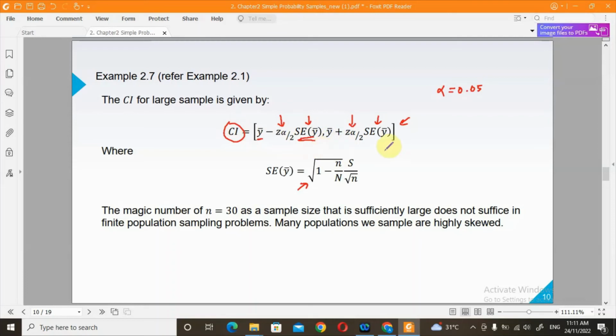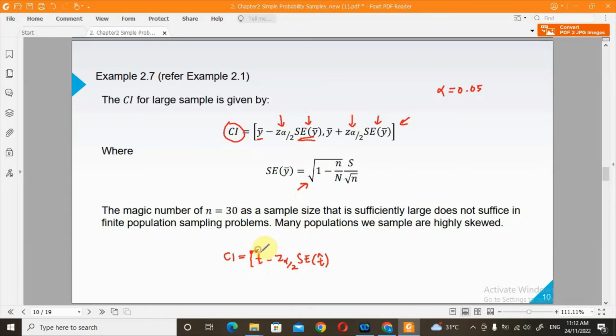And let's say you would like to calculate the confidence interval again, but this time for the population total. What you have to do is use this formula: t hat minus z alpha over 2 times the standard error of t hat.